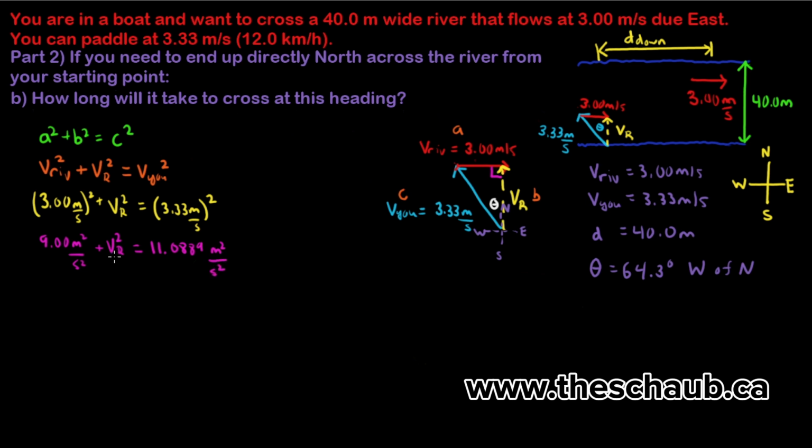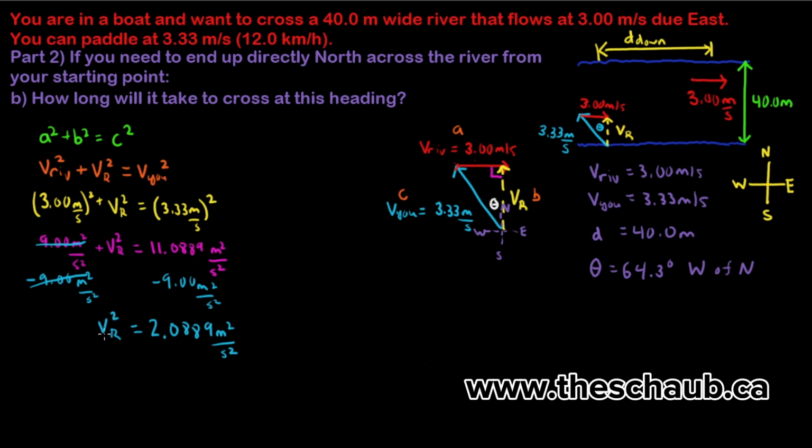To get our VR squared all alone, we have to subtract 9.00 meters squared per second squared from both sides. So here 9 minus 9 is equal to 0. We're just left with our VR, our resultant velocity squared, and it's equal to 11.0889 minus 9, which is 2.0889 meters squared per second squared.